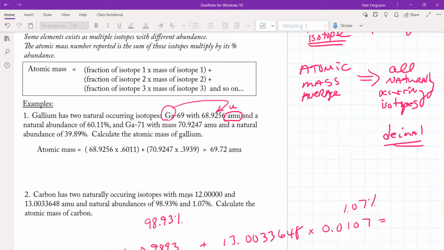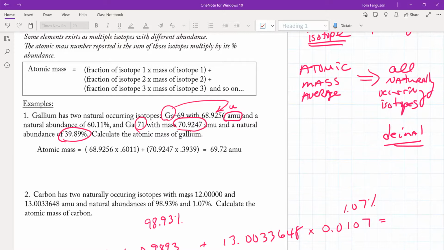Okay, so this particular isotope of gallium has a mass of 68.9256 U's or AMUs. And it's 60.11%. Gallium 71, it's got that mass with a percent of that. And these are naturally occurring isotopes of gallium. So we need to find the average, and we average all that together, okay?